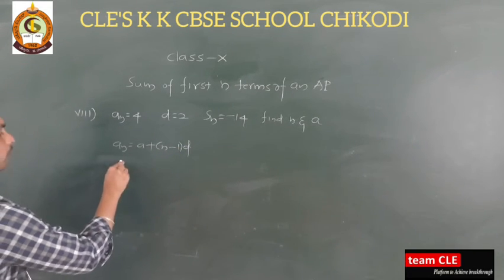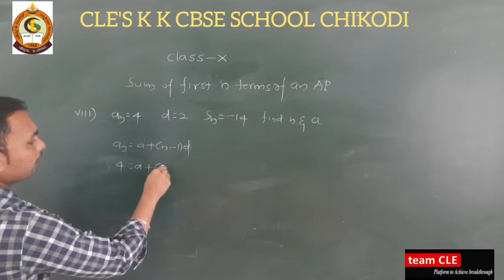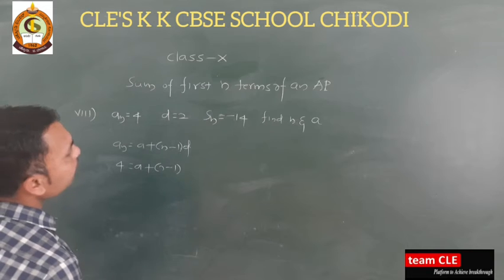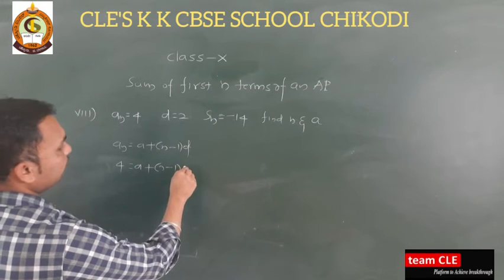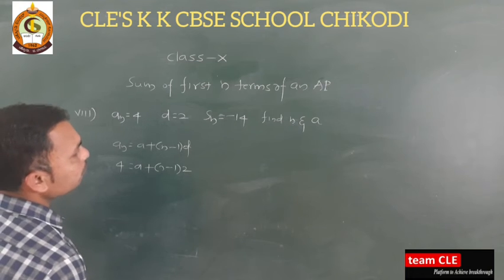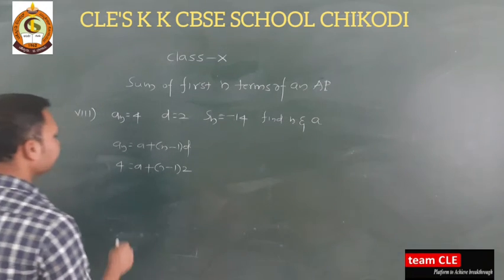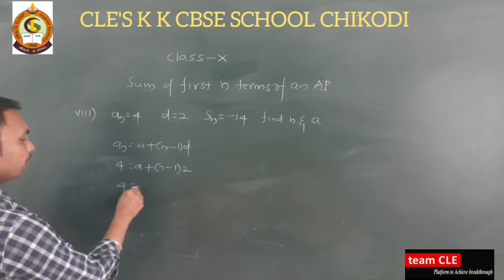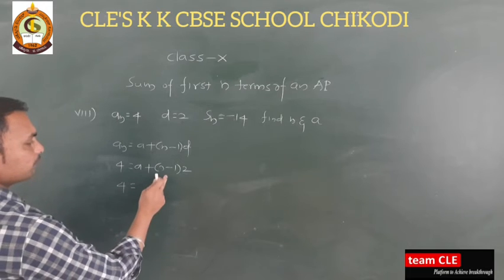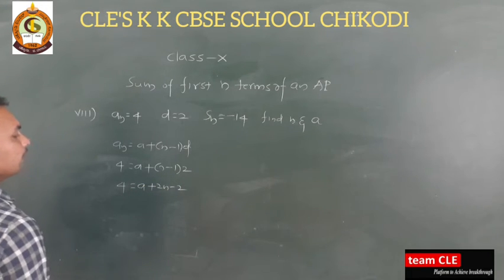Now, an is equal to, we have 4, we need to find, plus n minus 1 into d. So d we have, it is 2. So I think we need to find a. Well, we can do it this way. Now, we have 4 here. So this becomes a plus 2n minus 2.